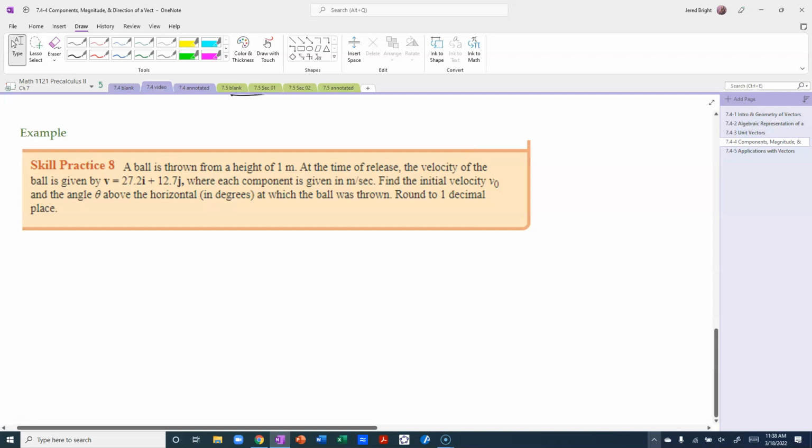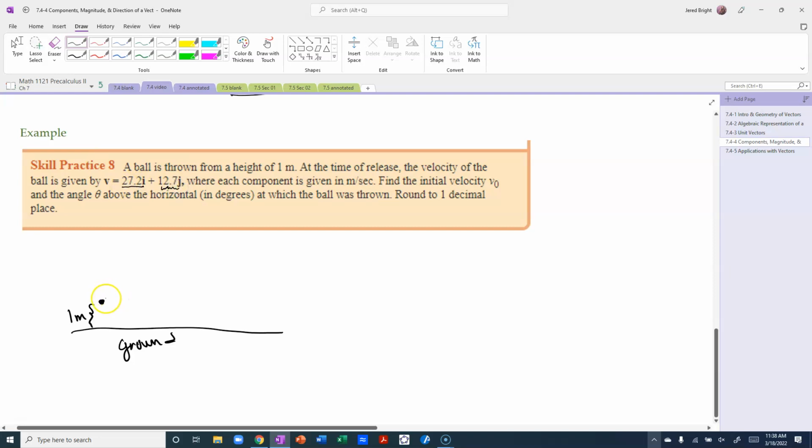So now it's a little different. Imagine, here's the ground. And it says a ball is thrown from a height of 1 meter. So here's the ball, and this is 1 meter. At the time of release, the velocity is given by horizontal and then vertical.